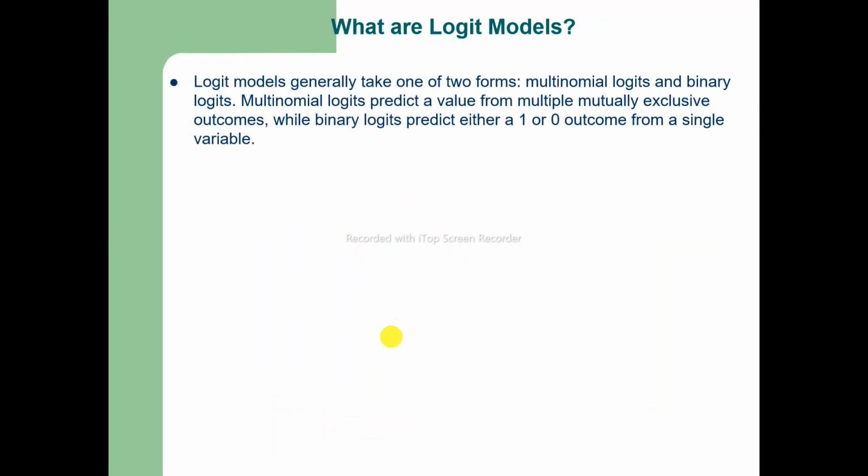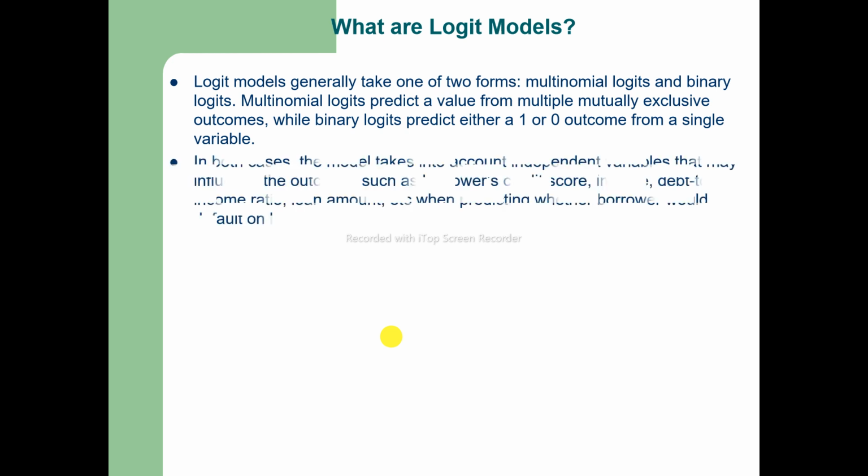Logit models generally may be of two forms: multinomial logits and binary logits. Multinomial logits predict a value from multiple mutually exclusive outcomes, whereas binary logits predict either a 1 or 0 outcome from a single variable.